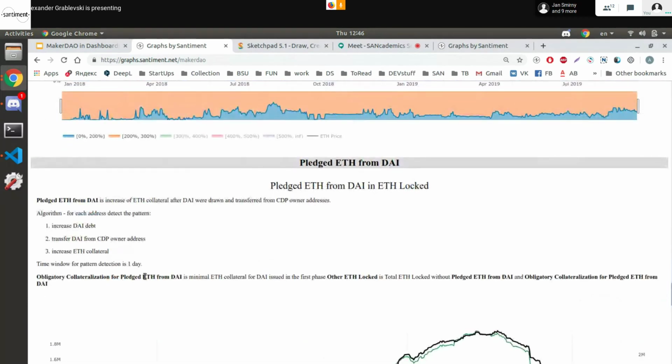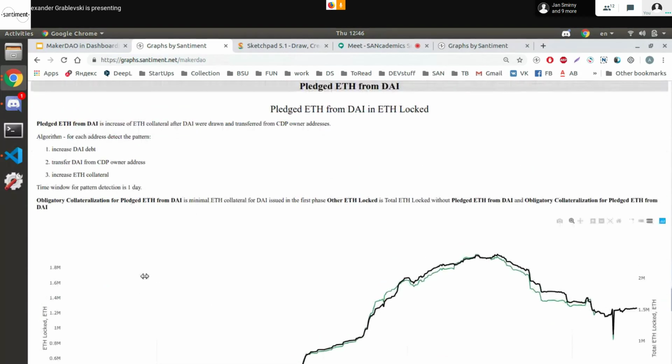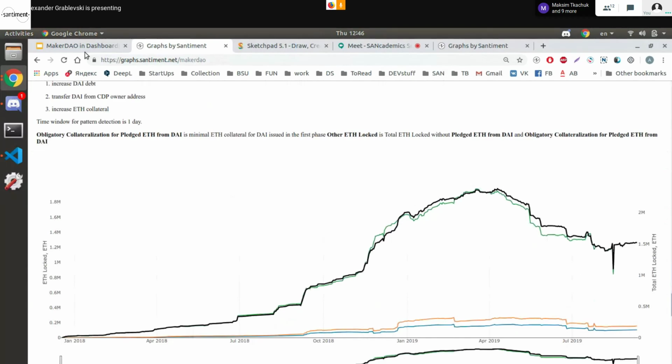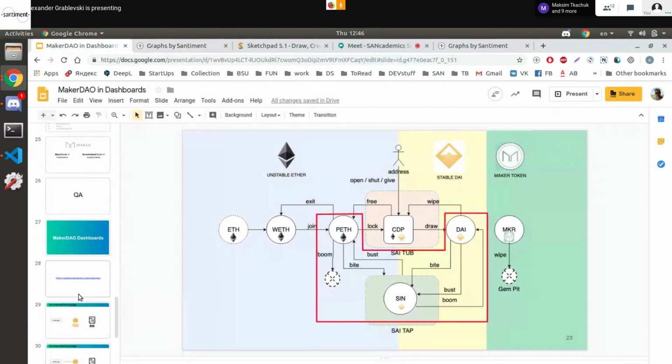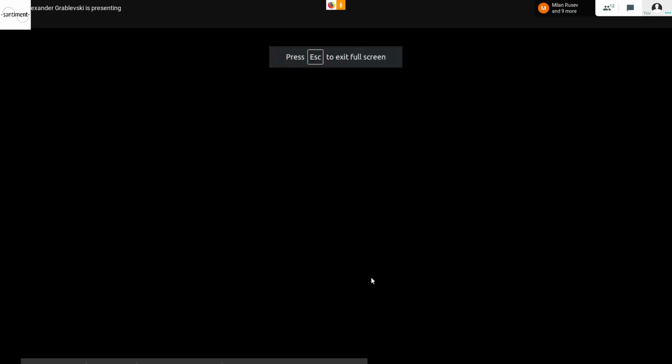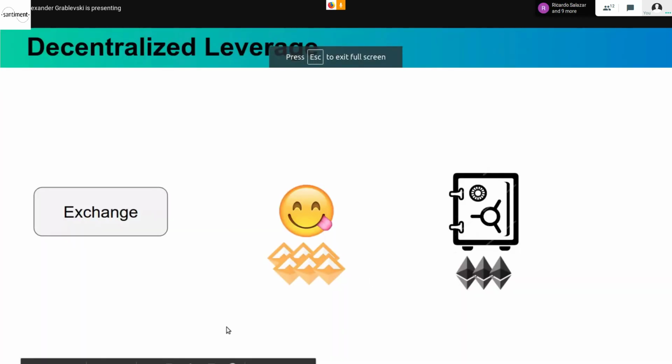Let's move to one of the most sophisticated categories that we have developed. To explain this, let me switch back to the slides and show you what can be done when you have some DAI and some ETH locked.